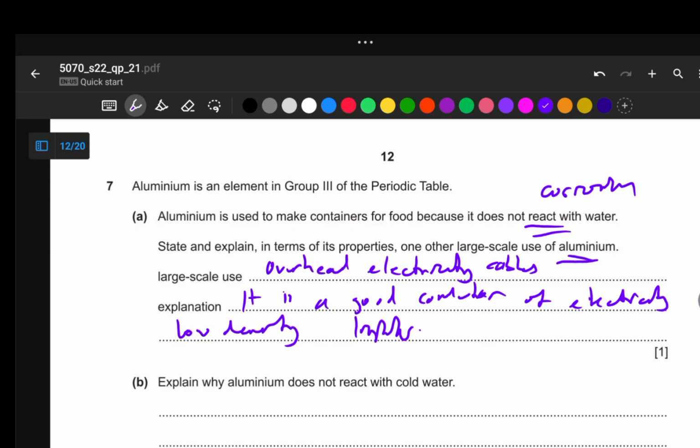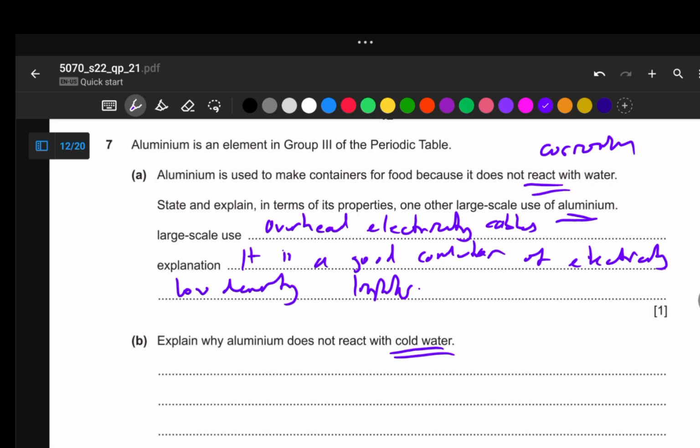And then we go on to the next question, which says explain why aluminium doesn't react with cold water, right? So cold water forms an impervious layer of aluminium oxide which resists further reaction. So we have the formation of a thin layer of aluminium oxide.